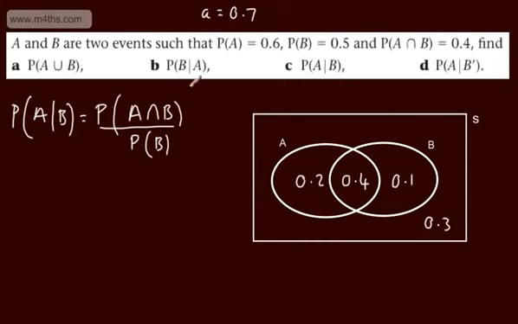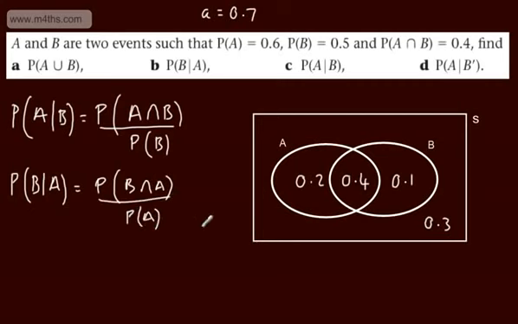The probability of B given A. So let's write that out then. The probability of B given A is the probability now of B intersection A divided by the probability of A. So the intersection is going to be 0.4, divided by the probability of A, which we can see is 0.6. Simplifying that, it is going to give us 2/3 or 0.6 recurring.